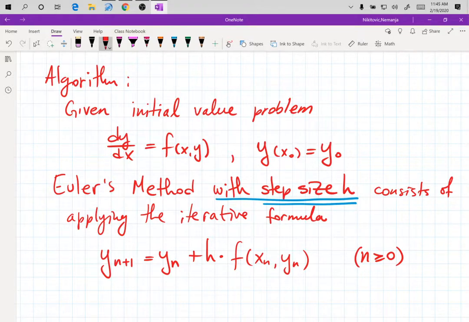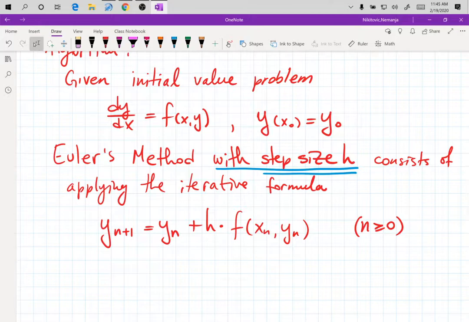And then eventually you can get the solution.